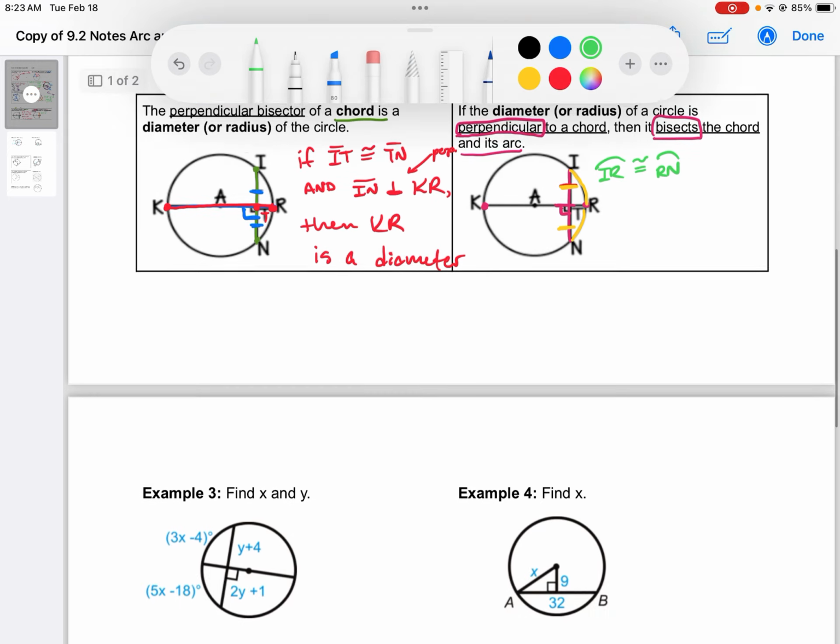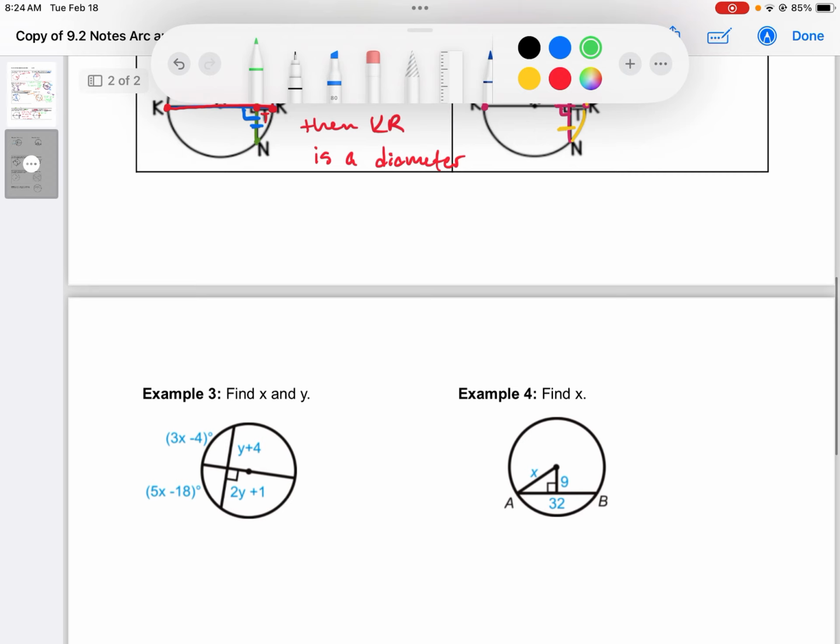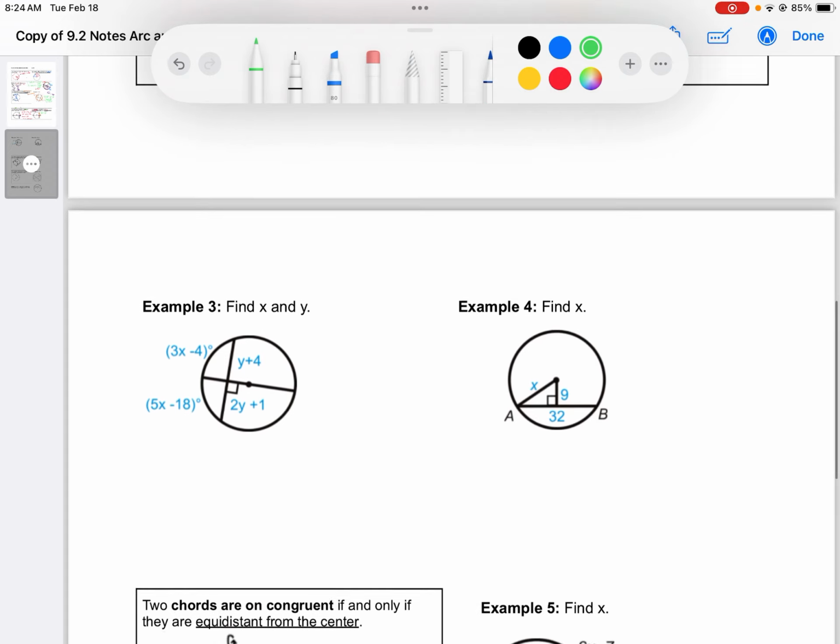Moving ahead, we have some examples based on the things that we just talked about. First one says find X and find Y. So we have some information here. You can see we have a chord. We have a line going through the center of the circle from one edge to the other, and we know that they cross at 90 degrees.